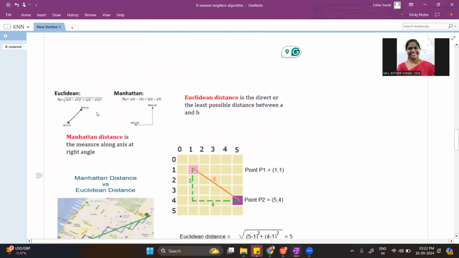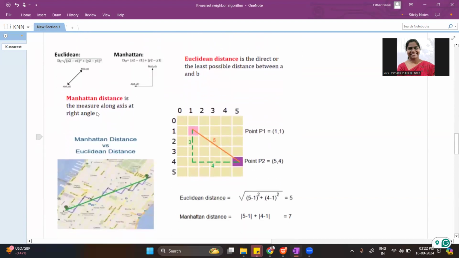And to find the distance between the two data points, we can use distance measures like Euclidean, Manhattan, Minkowski, and there are so many other distance formulas available. We use Euclidean distance because it measures perfectly well considering all the features.